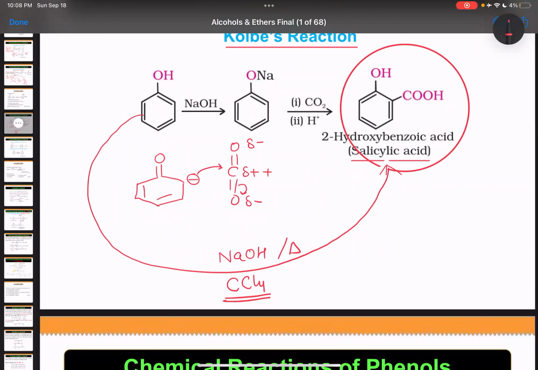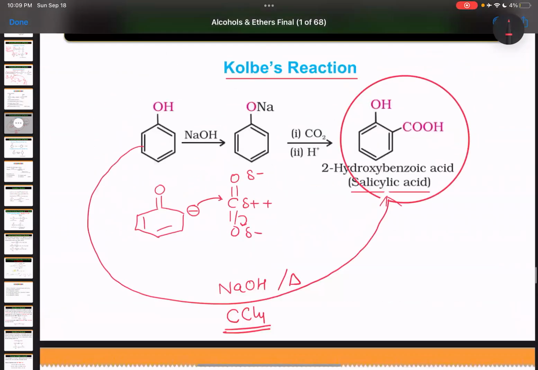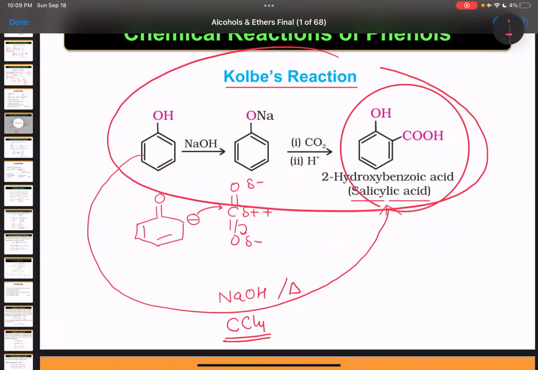If you take CO2, then also you will end up with a carboxylic acid group. Is it clear? Good. So do remember this, as there are two methods, and this is a pull-based reaction.